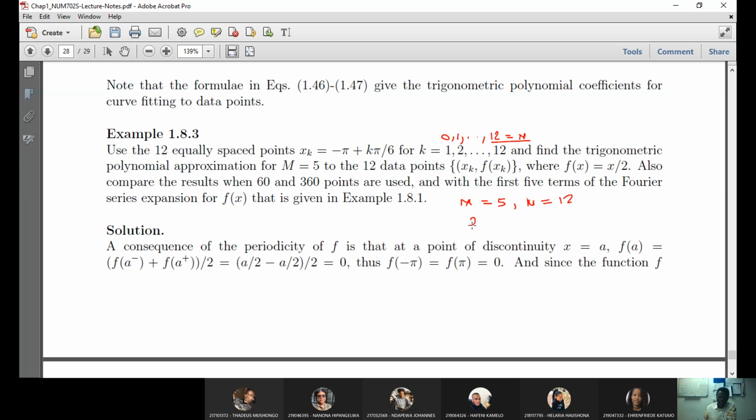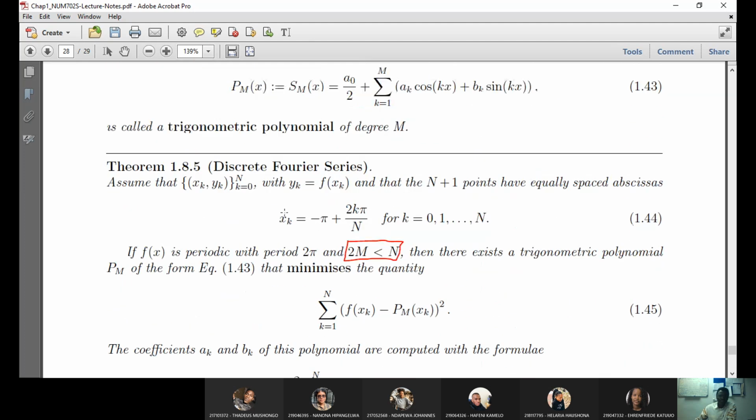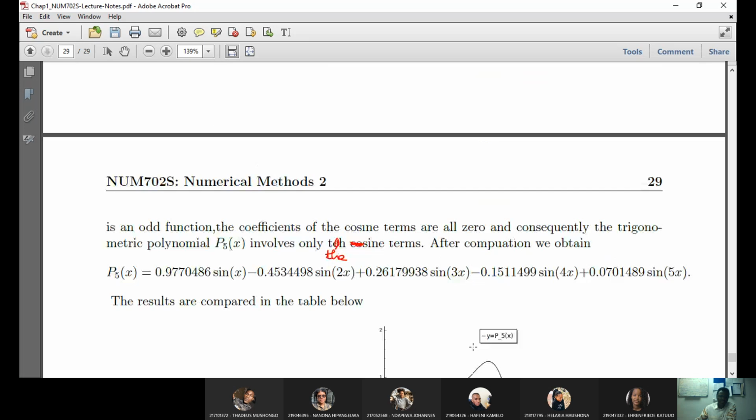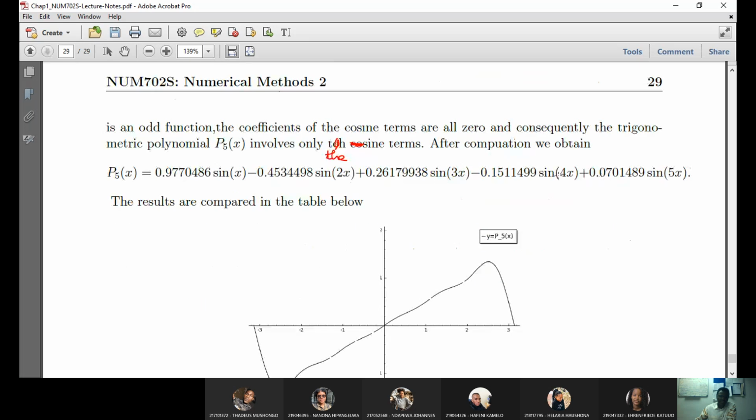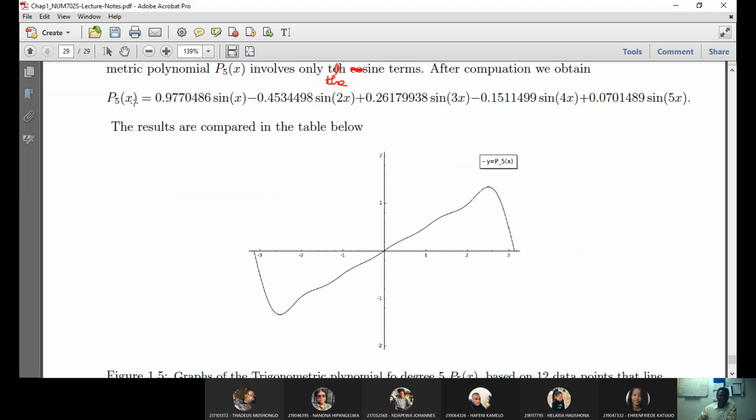So we have 2 times M, which is 10, is less than 12. So this condition is satisfied. After the theorem, this polynomial Pm exists, right? The theorem tells you that the polynomial exists, and it's given by this expression. Okay, so if we plot, this is what we have.